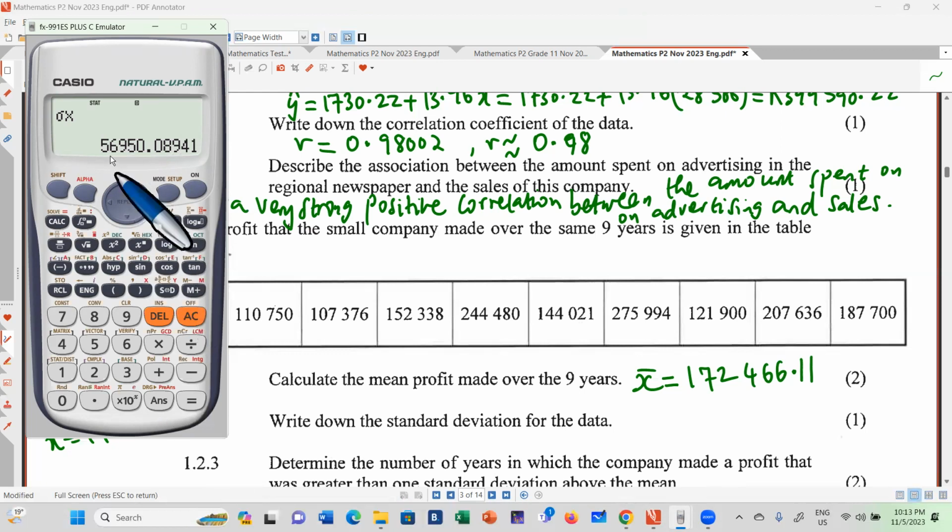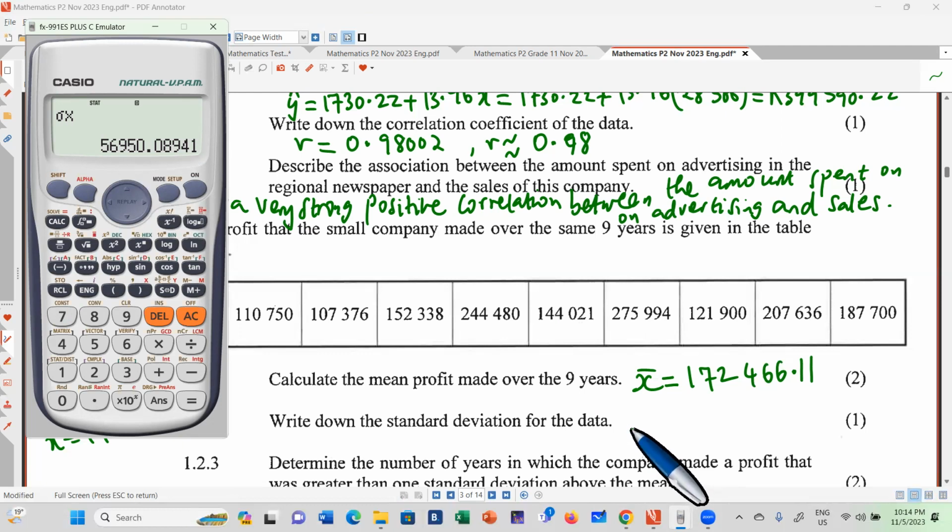So that is actually 56,950.08941. So to 2 decimal places, we can write 56,950.09. That's what we write down.